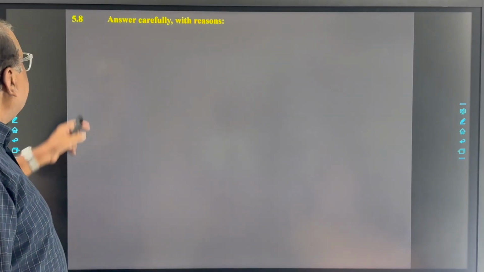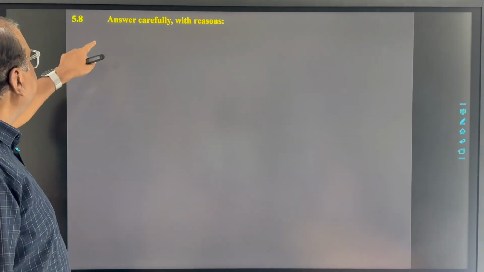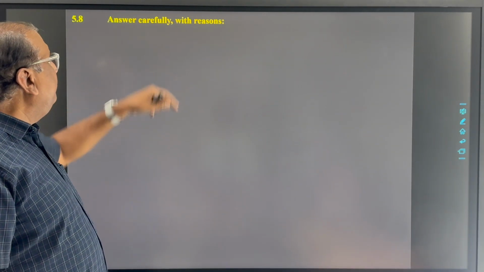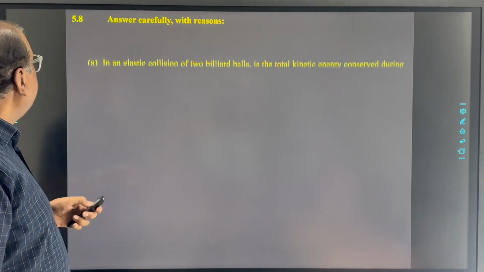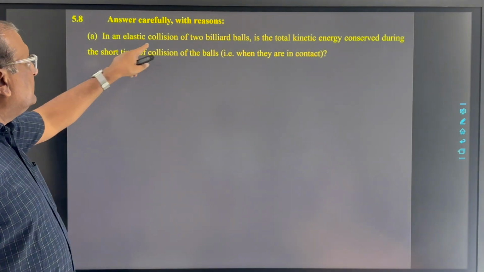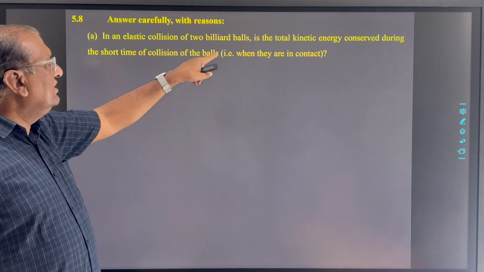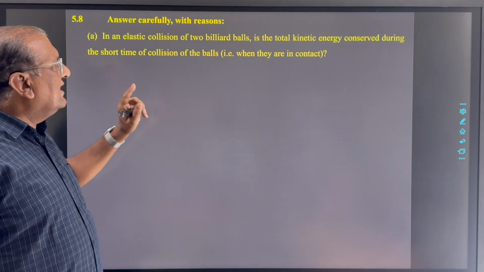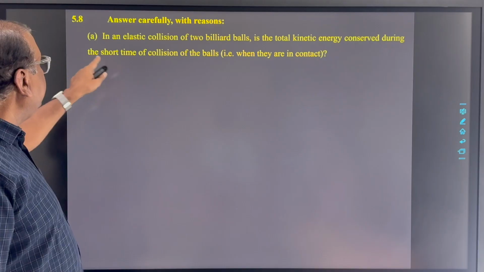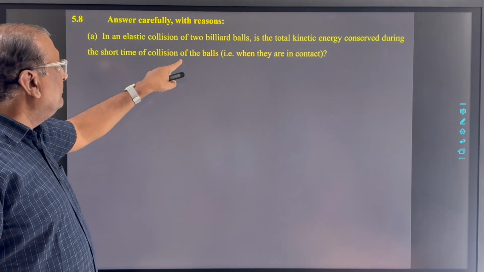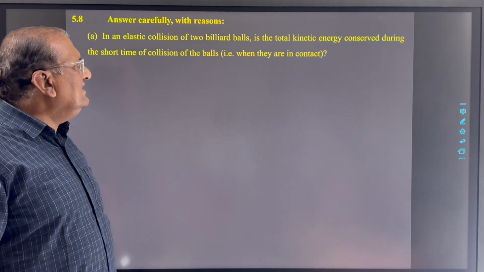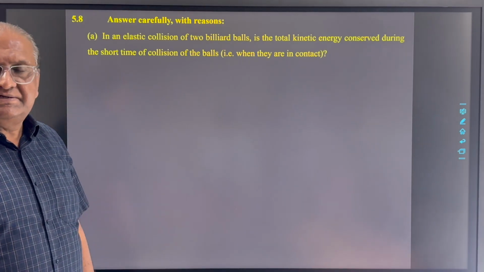Now example 5.8. Answer carefully with reasons. A. In an elastic collision of two billiard balls, is the total kinetic energy conserved during the short time of collision of the balls? It implies when they are in contact.